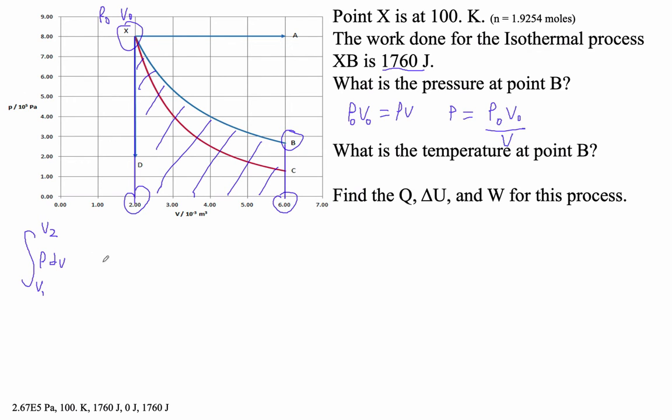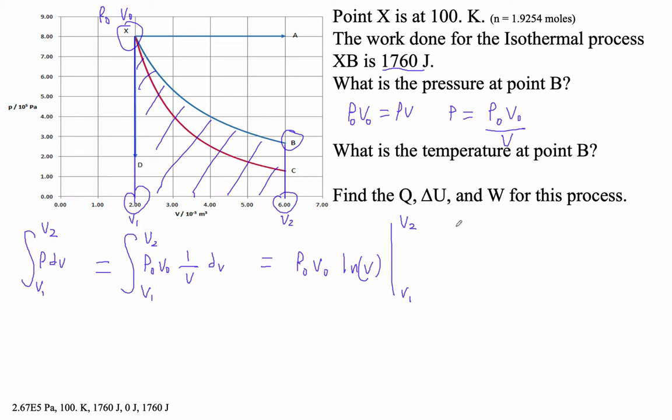So this becomes the definite integral from V2 of P naught V naught times 1 over V dV. Well, that's one of the ones we memorize, because that's the natural log. So that's going to be P naught V naught times the natural log of V evaluated from V2 to V1.